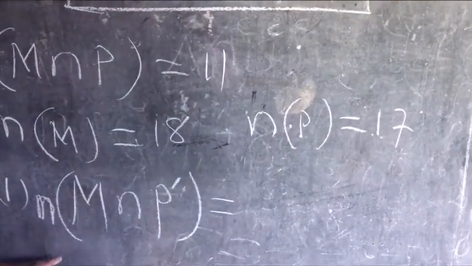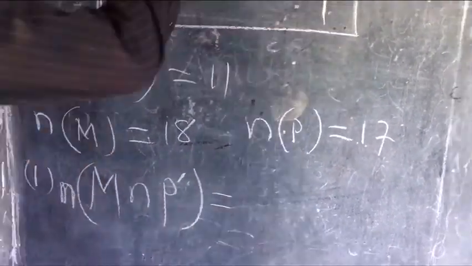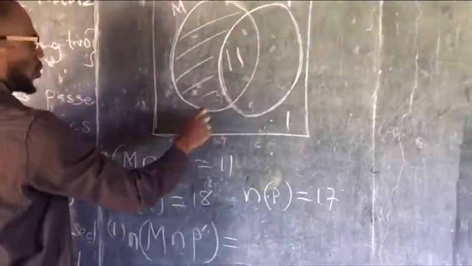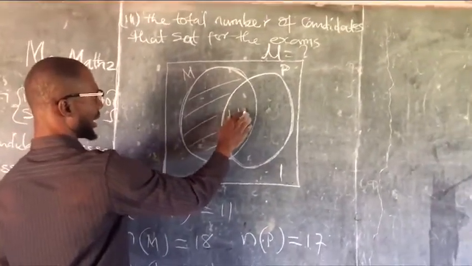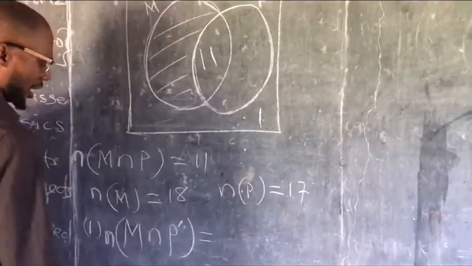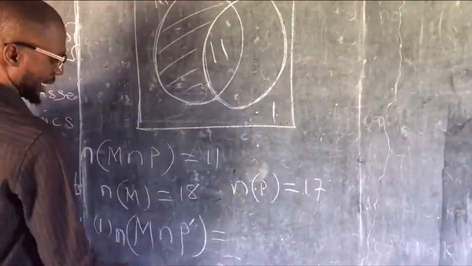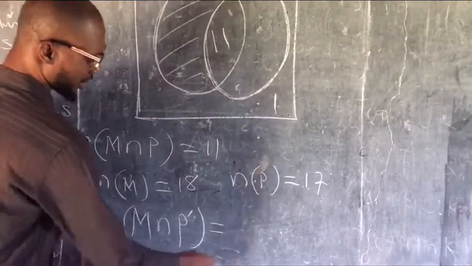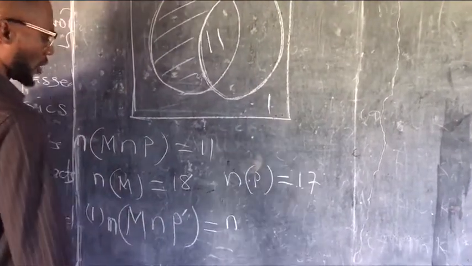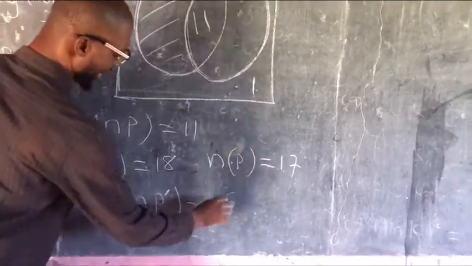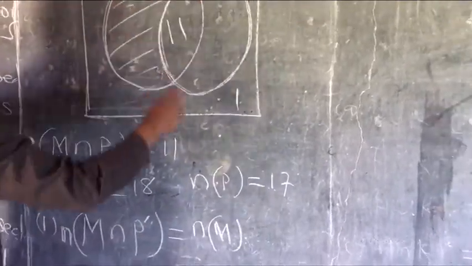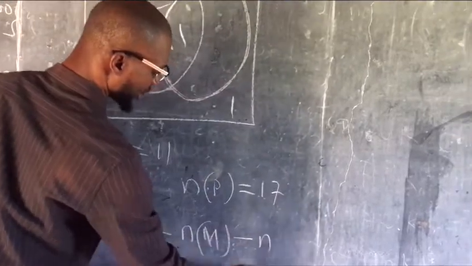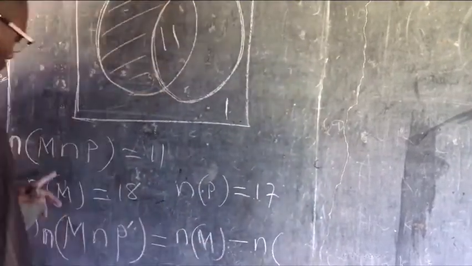So the cardinality of that set like this na him I wan look for. And then to find the cardinality of this set, I go take everything wey dey inside this set, come minus am with wetin dey here, then I go get wetin dey here. So to get this set now, I go take the cardinality of my set M, that's everything wey dey inside the set M. I will come minus the cardinality of my set what?